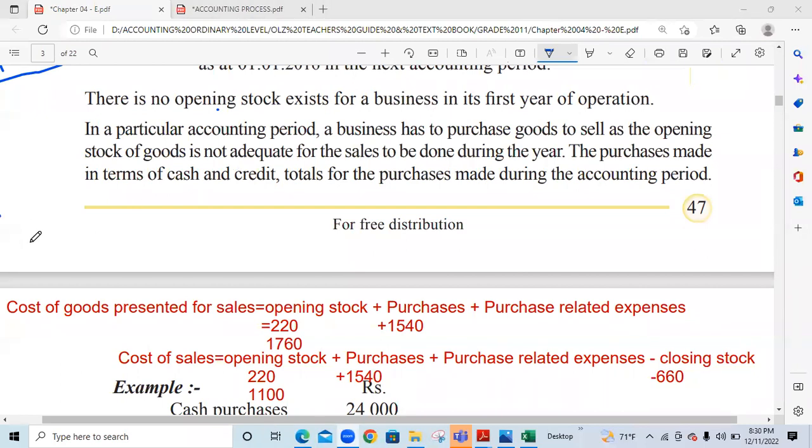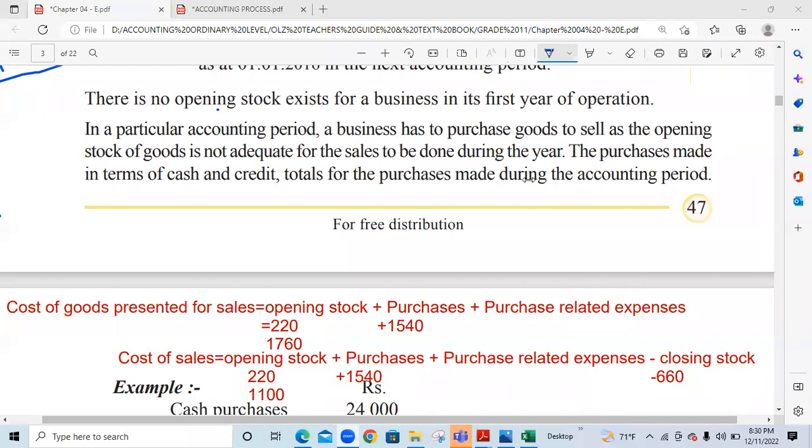Guys, can you write the next one? Purchase is equal to cash purchase plus credit purchase. Another name for stock is inventory or goods.